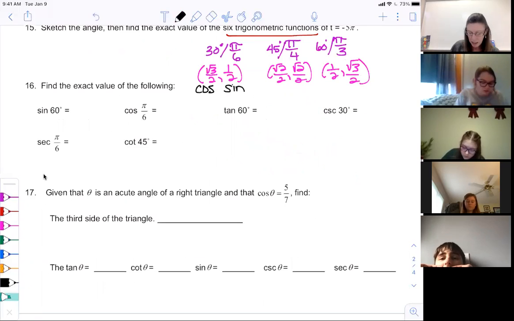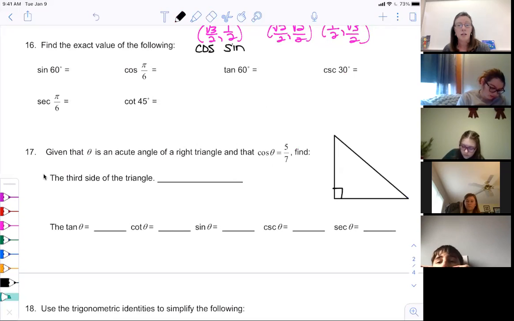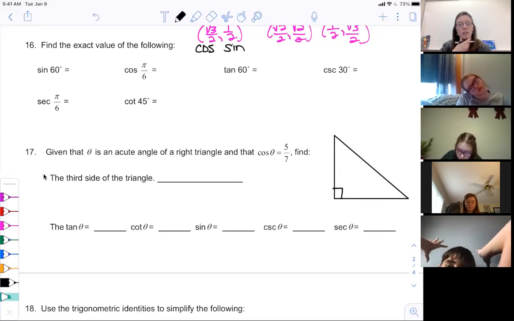Number 17 is what we talked about yesterday. It says you have a right triangle, and it gives you that the cosine is 5 over 7. If you have a triangle and they give you the cosine being 5 over 7, what sides of the triangle could we label?